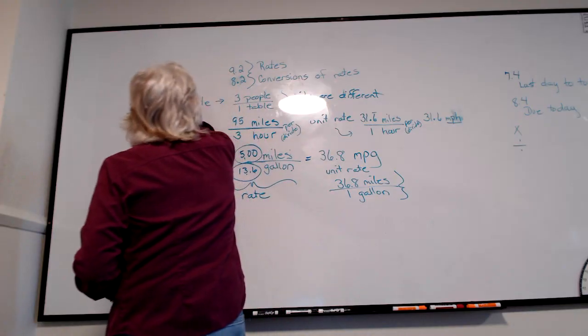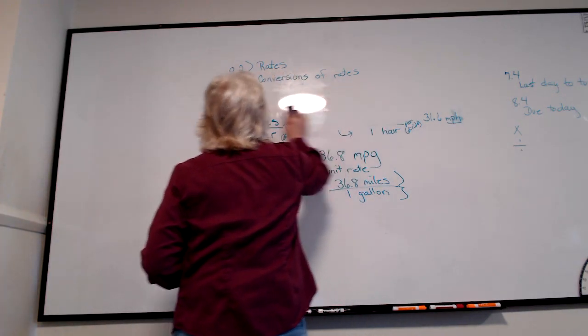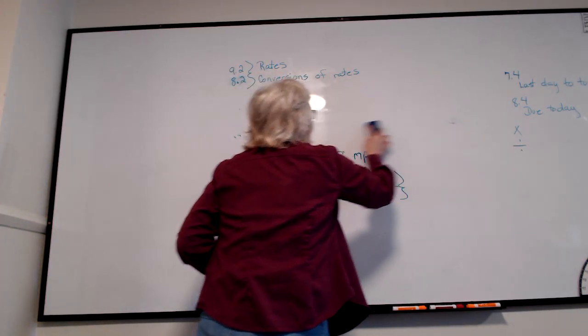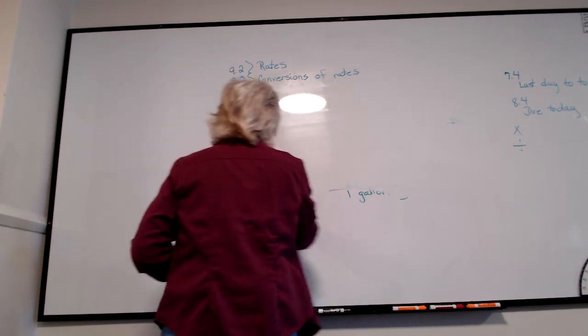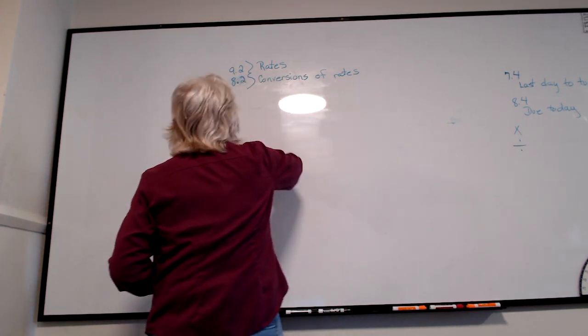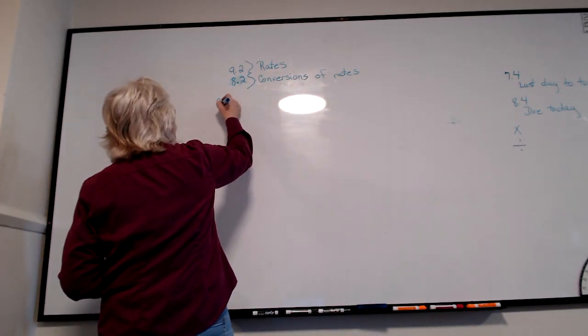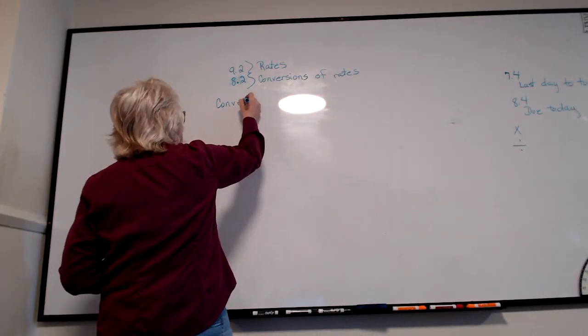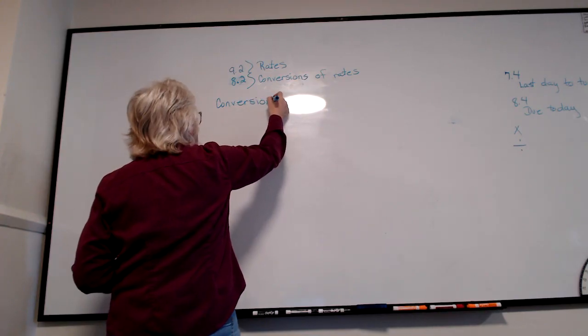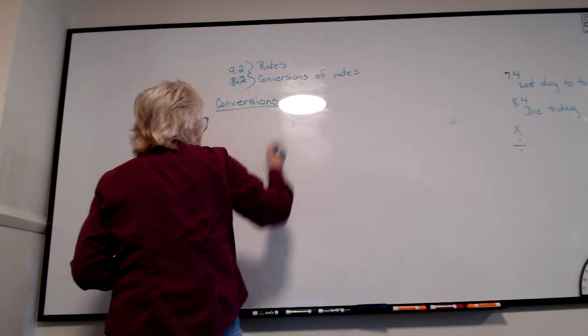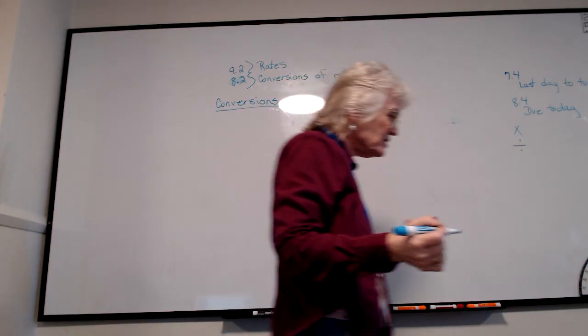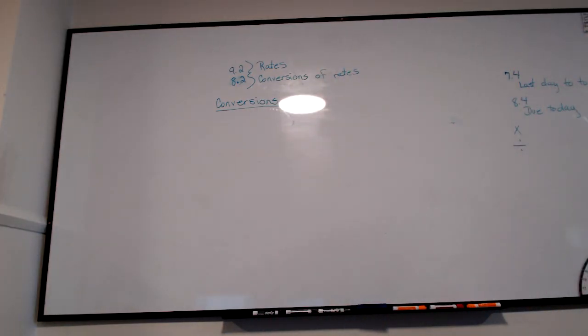So next, we're now going to use conversion rates. Now we're going to start with just making conversions. Basically, we use rates to change from one type of measurement to another type of measurement.